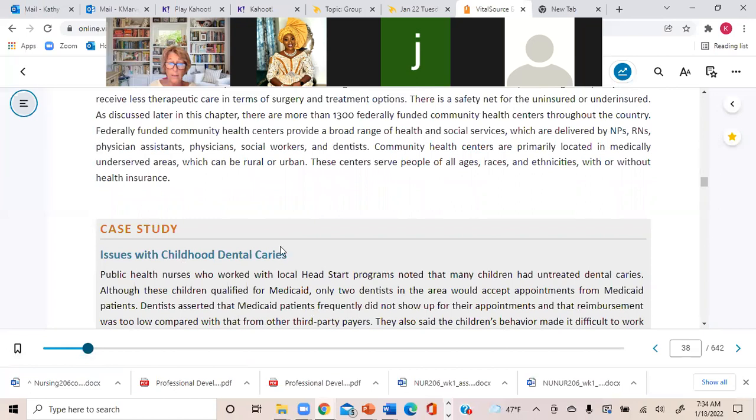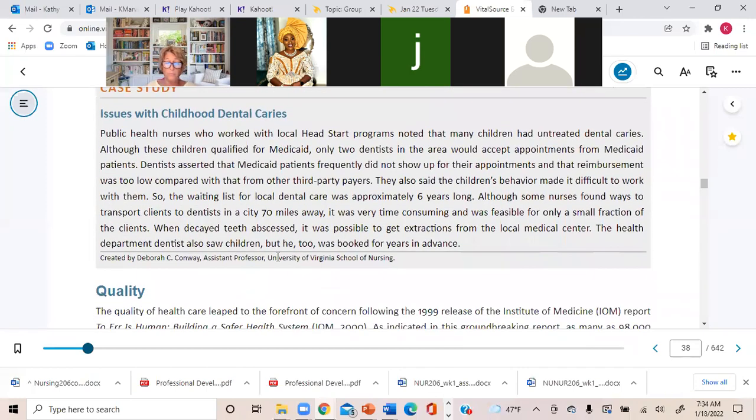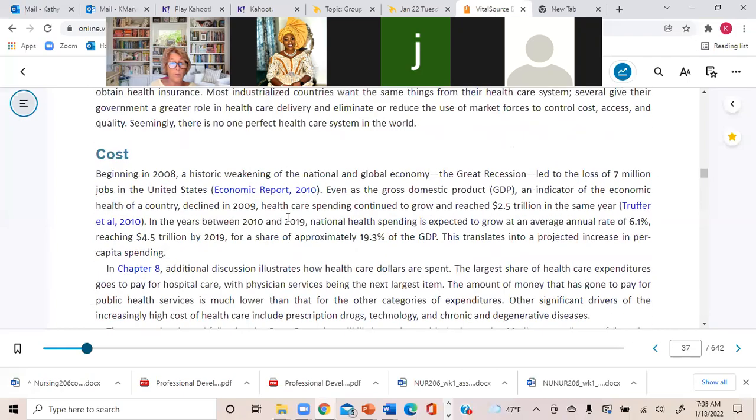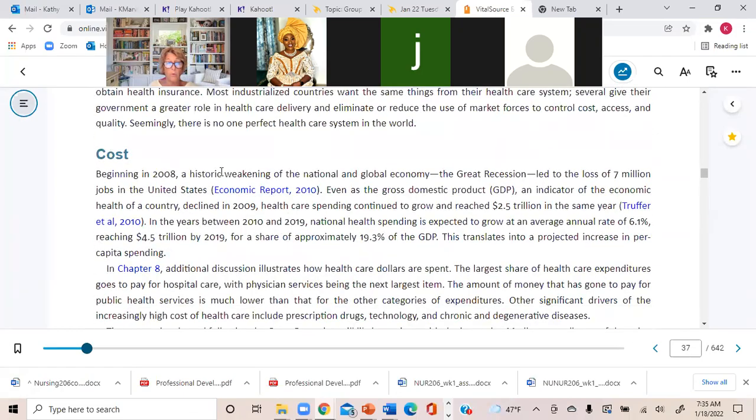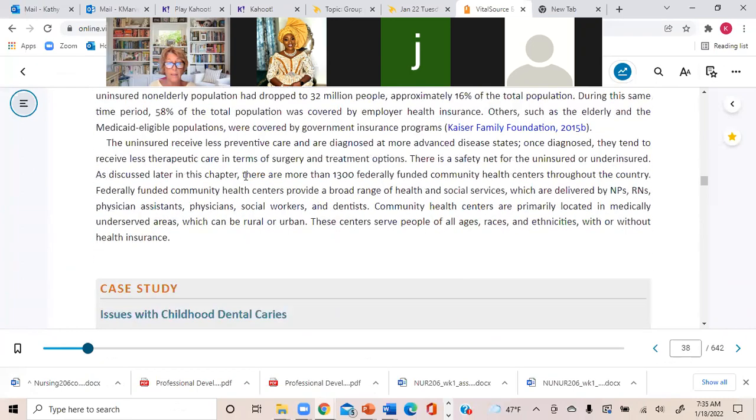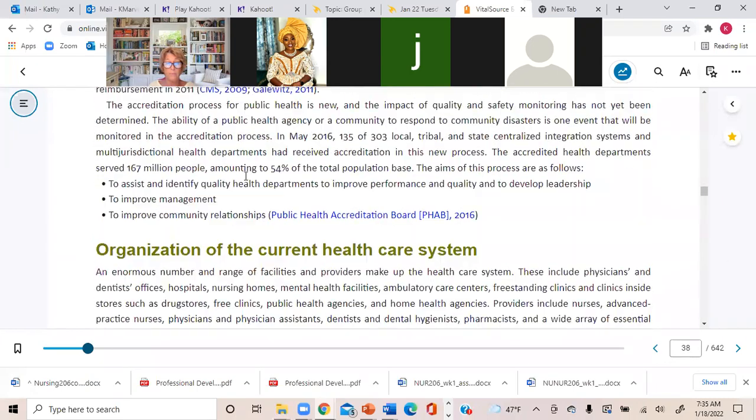Here's your case study. This is an excellent case study, and I've sent you the answers and the rationales. I want you to read this section about current healthcare systems with regards to cost, access, and quality.